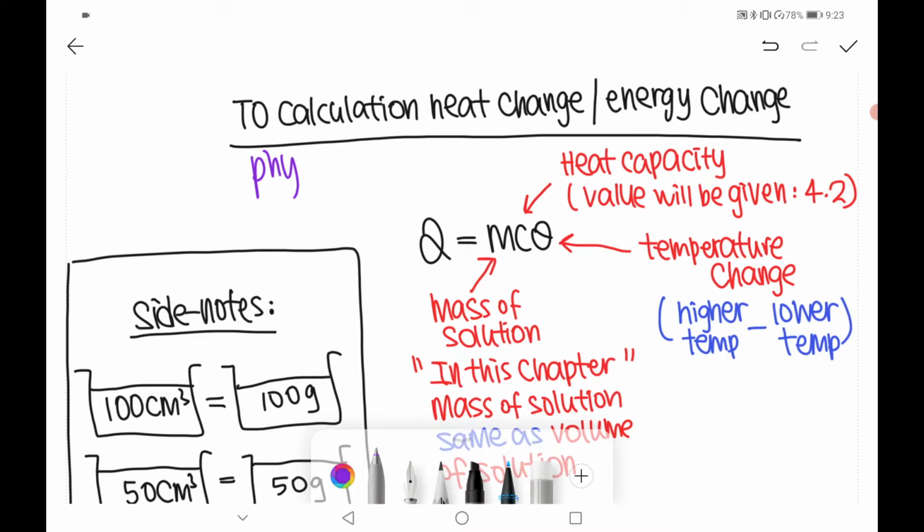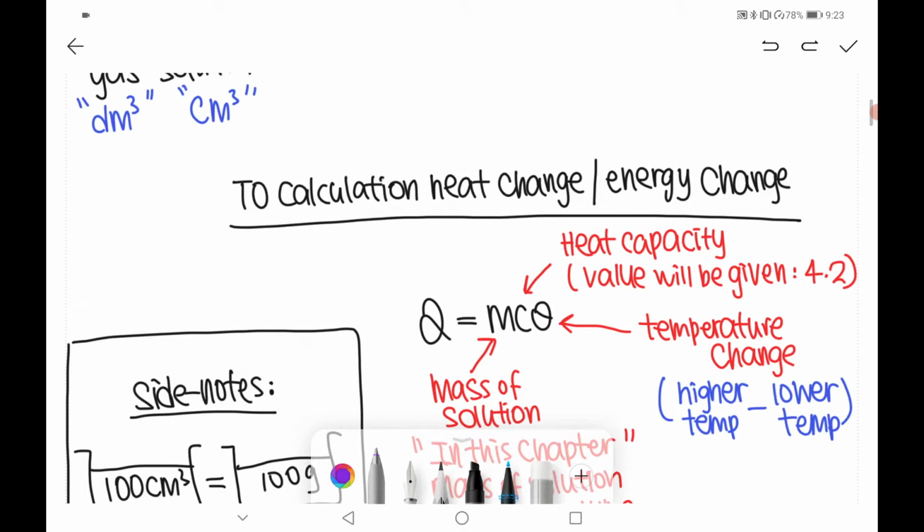In physics, they take the final temperature minus the initial temperature. But in chemistry, we just find the temperature change by using the higher temperature minus the lower temperature.